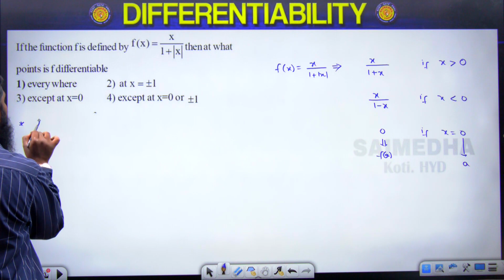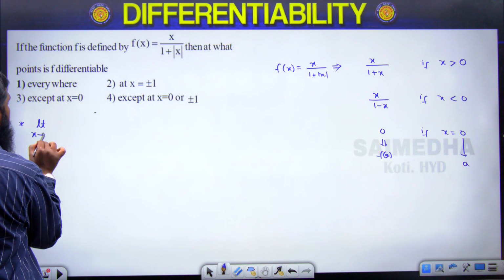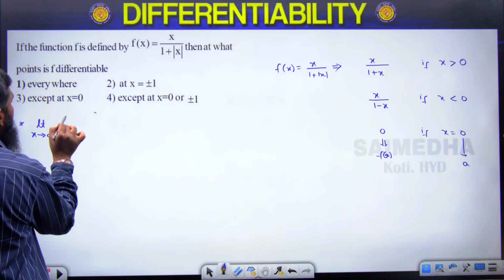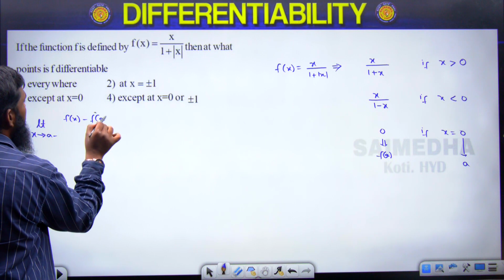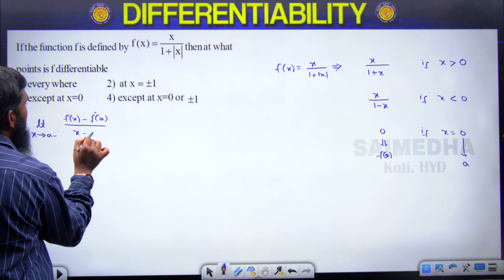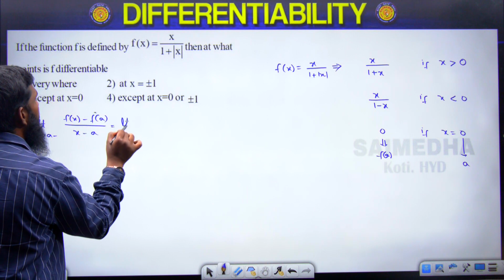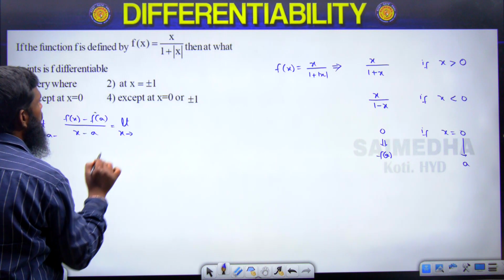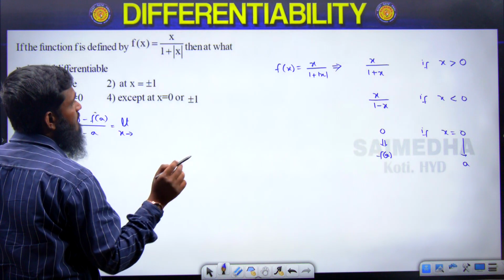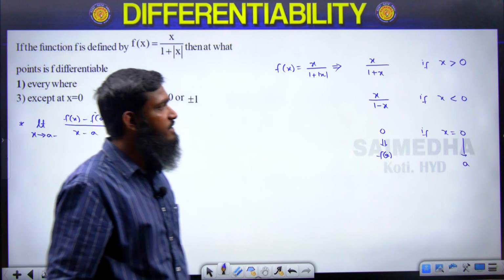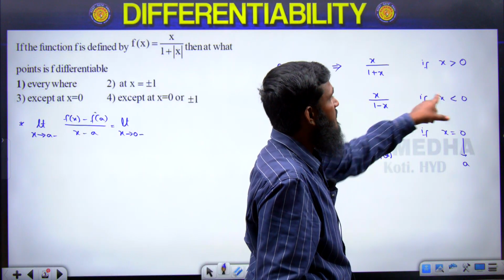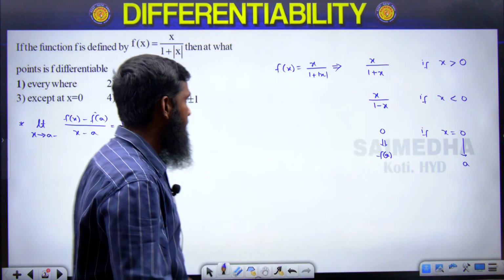First let us go with limit x tends to a minus of f of x minus f of a divided by x minus a, which is equal to limit x tends to 0 minus. Now what is f of x for 0 minus? It is x by 1 minus x.